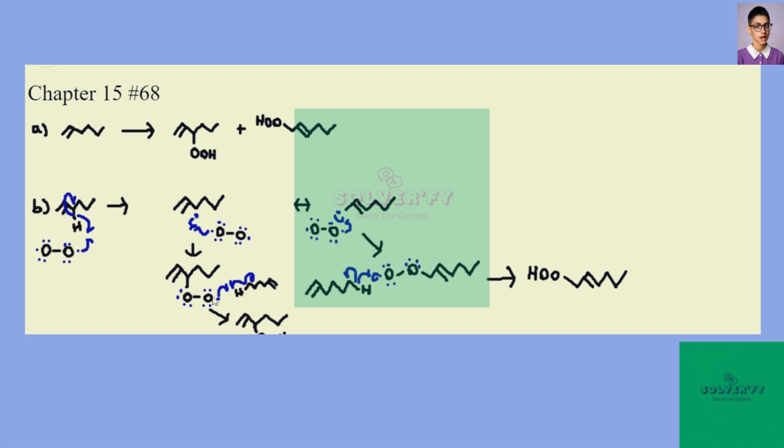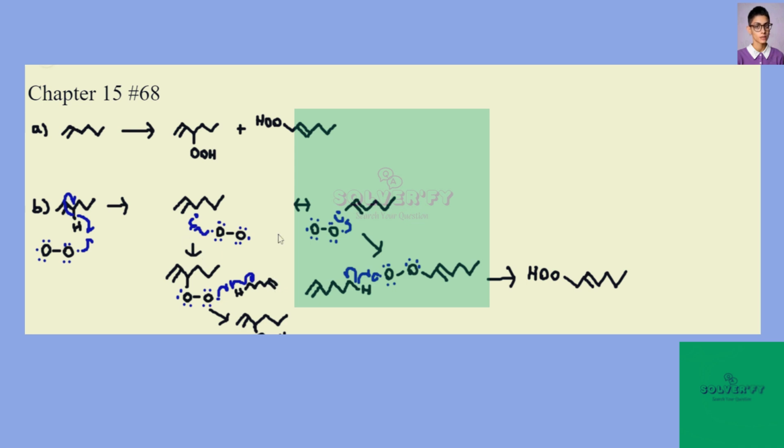Then the terminal oxygen is just going to abstract a proton from somewhere else. In this case, the only other thing that we're told is in this reaction mixture is more 1-hexene. So it'll grab the terminal proton from that starting material, and that takes you to the hydroperoxide product. It's a pretty straightforward mechanism. In either case, it's only 3 steps.